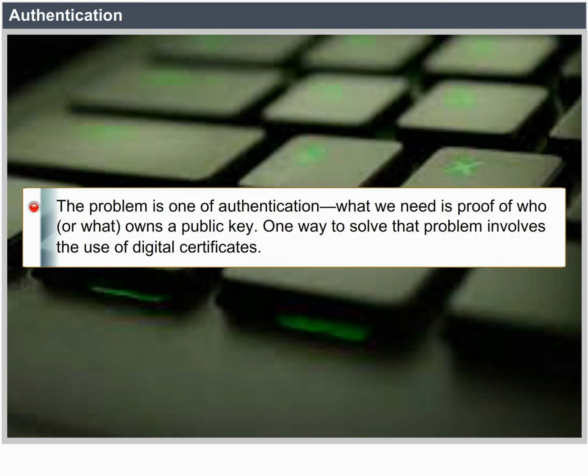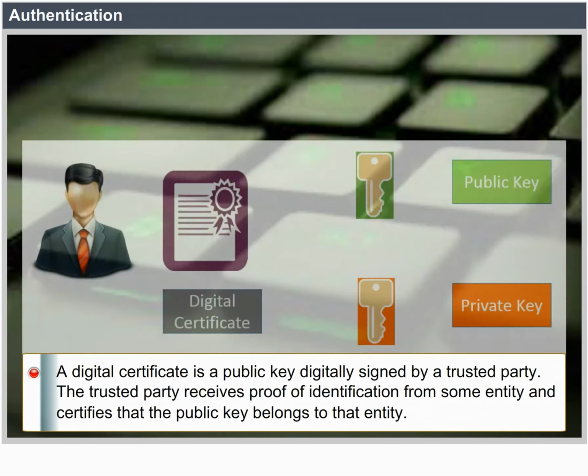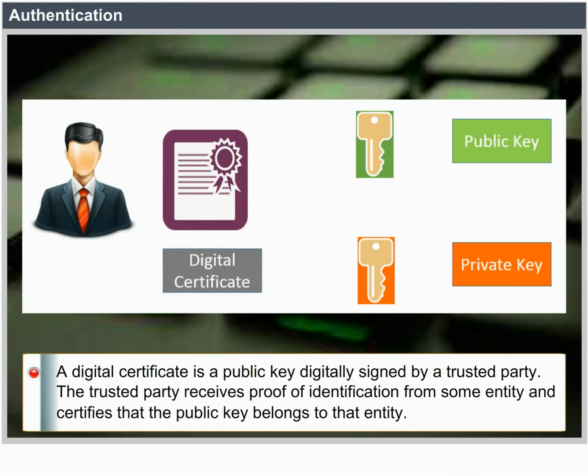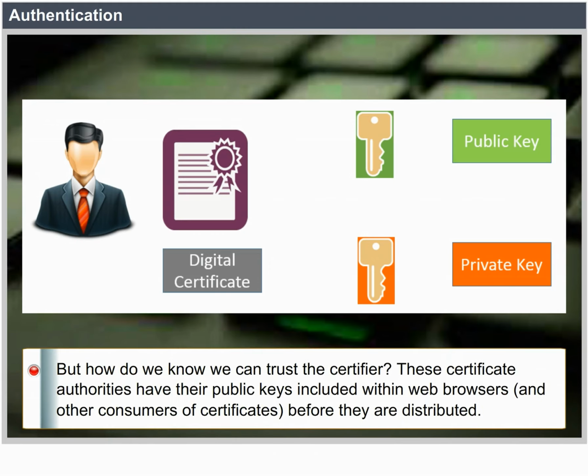One way to solve that problem involves the use of digital certificates. A digital certificate is a public key digitally signed by a trusted party. The trusted party receives proof of identification from some entity and certifies that the public key belongs to that entity. But how do we know we can trust the certifier?